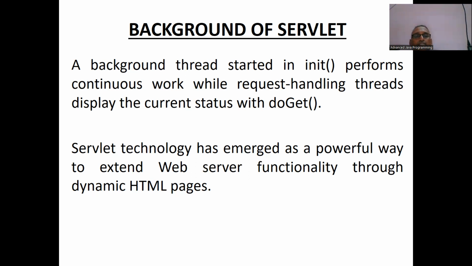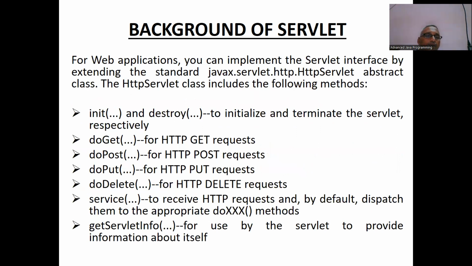For web applications, we can implement the servlet interface by extending the standard javax.servlet.http.HttpServlet abstract class. The HttpServlet class includes the methods init, destroy, doGet, doPost, doPut, doDelete, the service method, and getServletInfo.